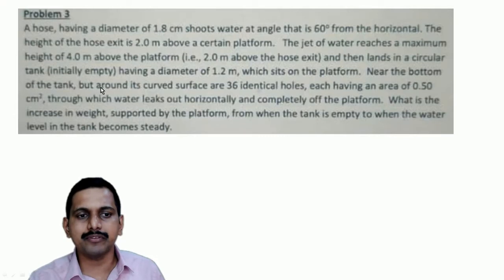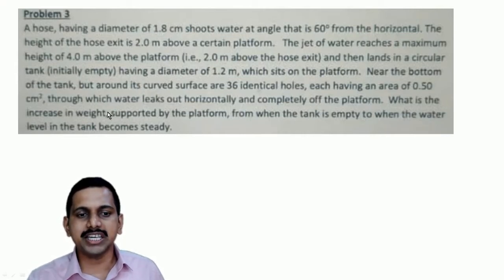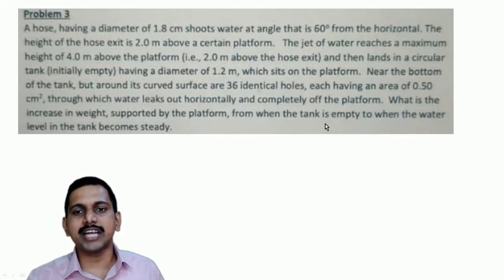Near the bottom of the tank, but around its curved surface, are 36 identical holes, each having an area of 0.50 centimeter square, through which water leaks out horizontally and completely off the platform. What is the increase in weight supported by the platform from when the tank is empty to when the water level in the tank becomes steady?